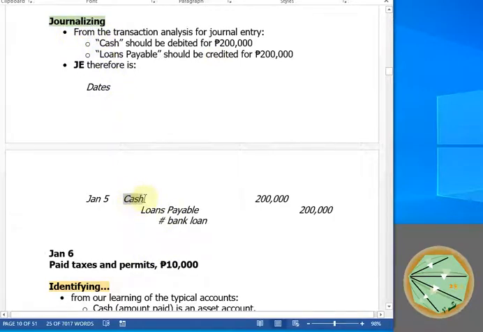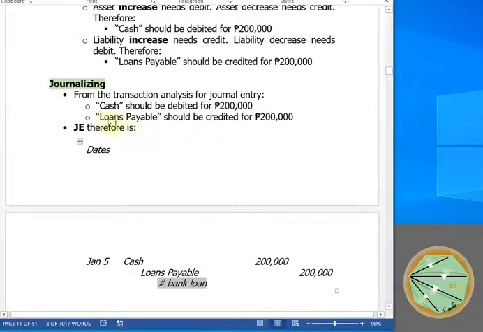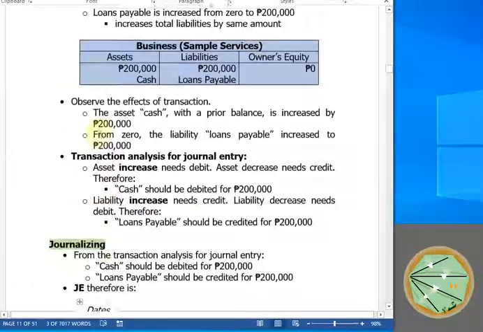So cash, we debited it, and the amount is 200,000. The other part, we credited loans payable, and the amount is also 200,000. Like what we did in the previous transactions, we also have to put the explanation of the transaction, and since it is a bank loan, our explanation can be as simple as bank loan. Okay, so that is the transaction on January 5.